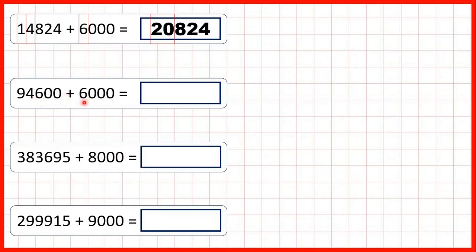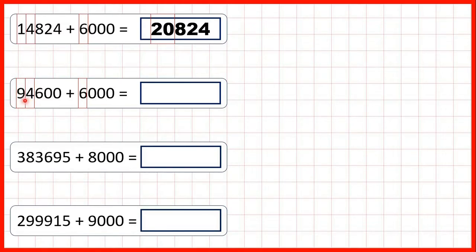Now 94,600 plus 6,000. If we highlight our thousands digits, again we have 4 plus 6, but that's 10, a 2-digit number. So let's highlight our 10,000s digit as well. 94 plus 6 is 100. That's a 3-digit number, and we only have 2 digits highlighted, but that doesn't matter because we don't have any more digits to the left.